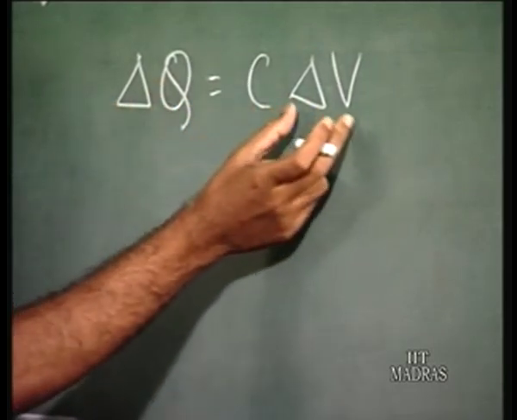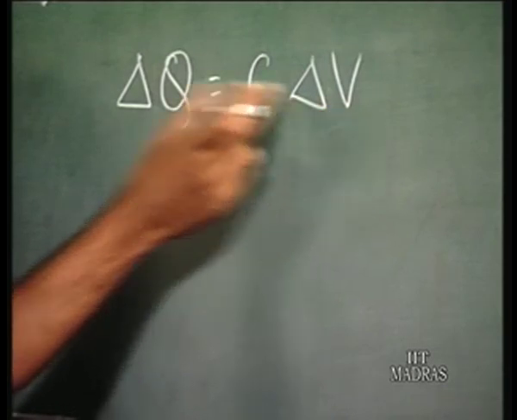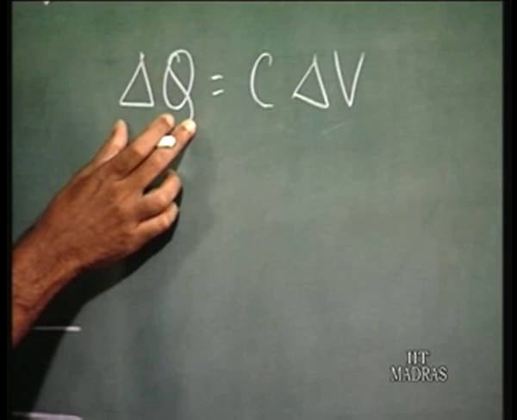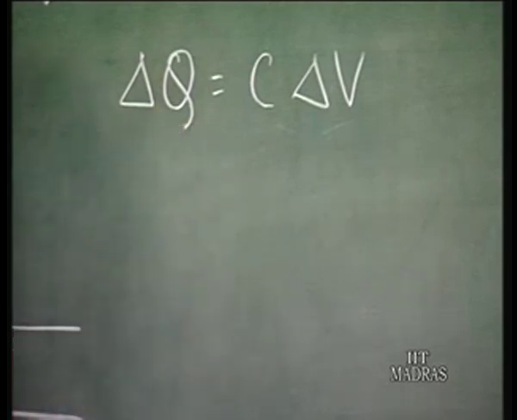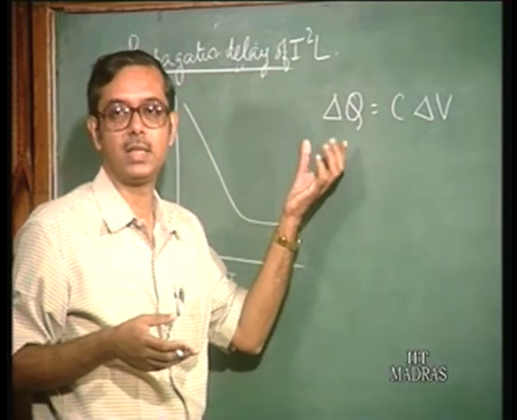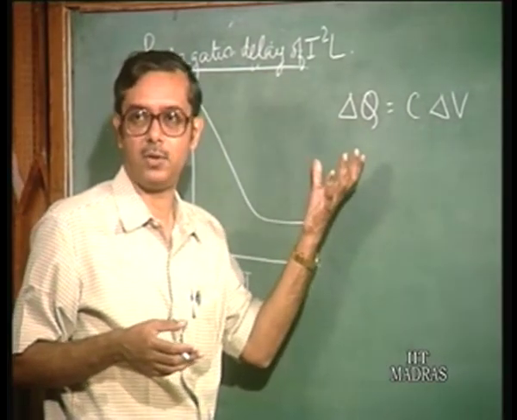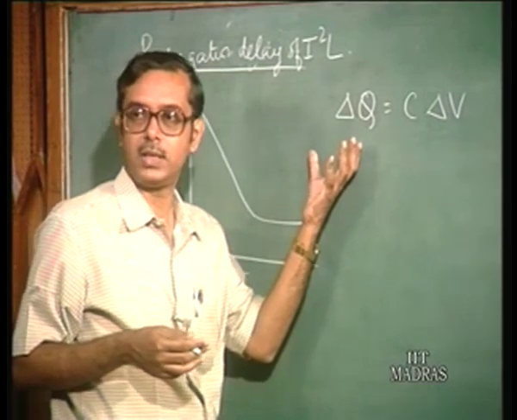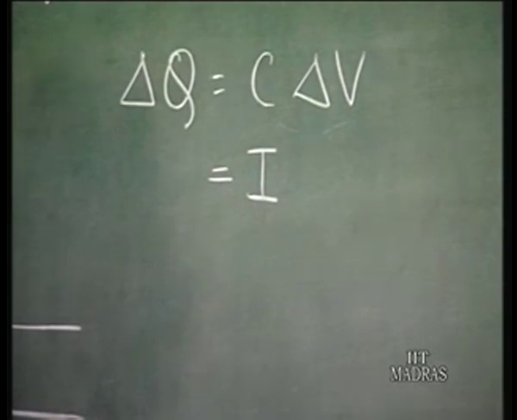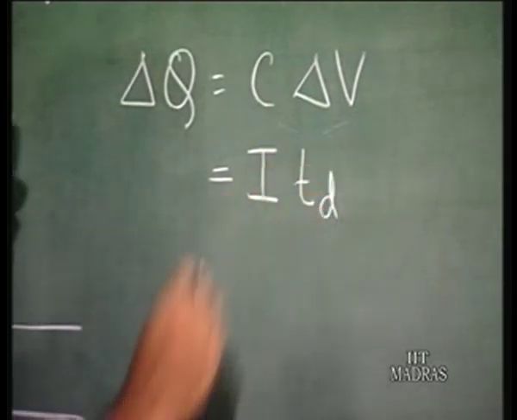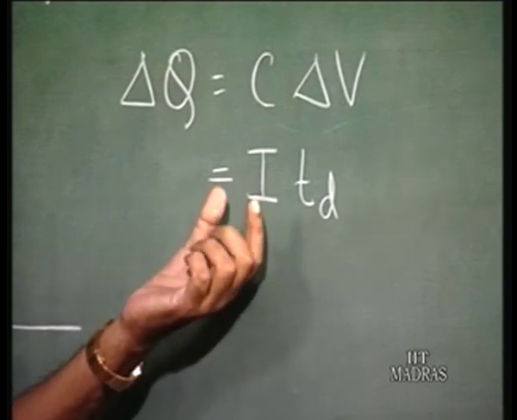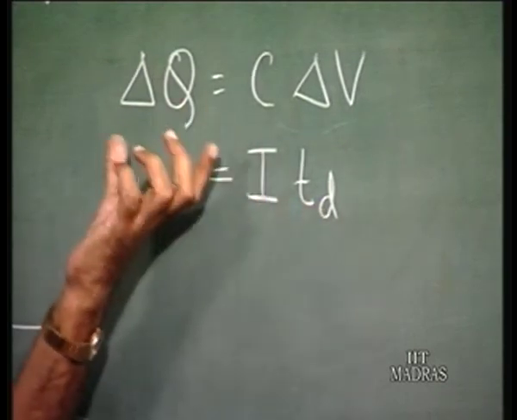If you have to charge it through delta V voltage, you have to supply a charge of delta Q. If you are charging with a constant current I, which is the rate of flow of charge, it will take a time, say Td. So I into Td is that delta Q.